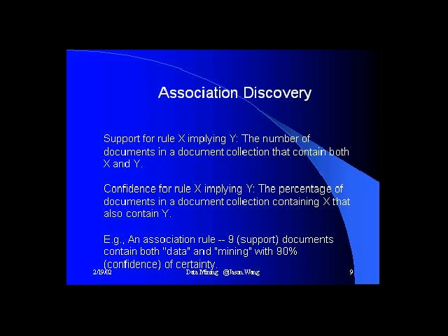Just like transactional databases where each transaction is represented by a collection of items, here each document is represented by a collection of keywords. We have already repeated this many times; you all know how to represent a document by a collection of keywords. This process is called document indexing.